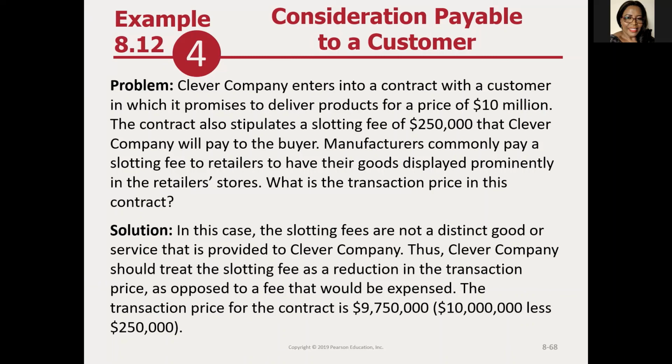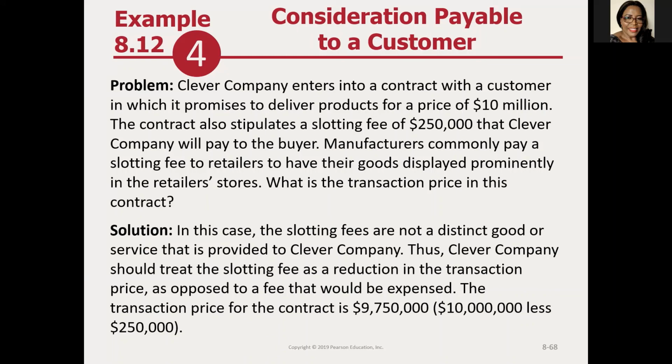So to solve this, in this case, the slotting fees are not a distinct good or service that is provided to Clever Company. Clever Company should treat the slotting fee as a reduction in the transaction price, as opposed to a fee that would be expensed.